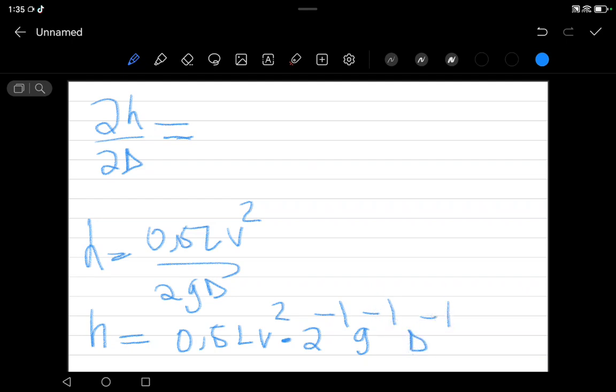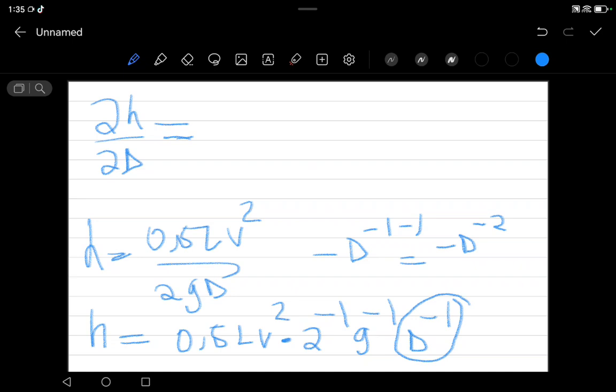And now here we're going to focus on D only. So it's going to be the derivative of D to the power of negative 1, which is negative D to the power of negative 2, right? Yes. Rochi?